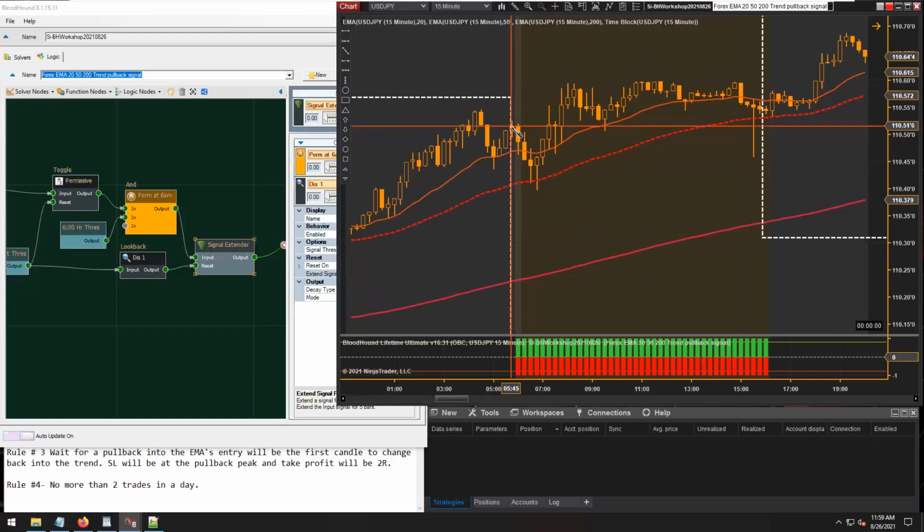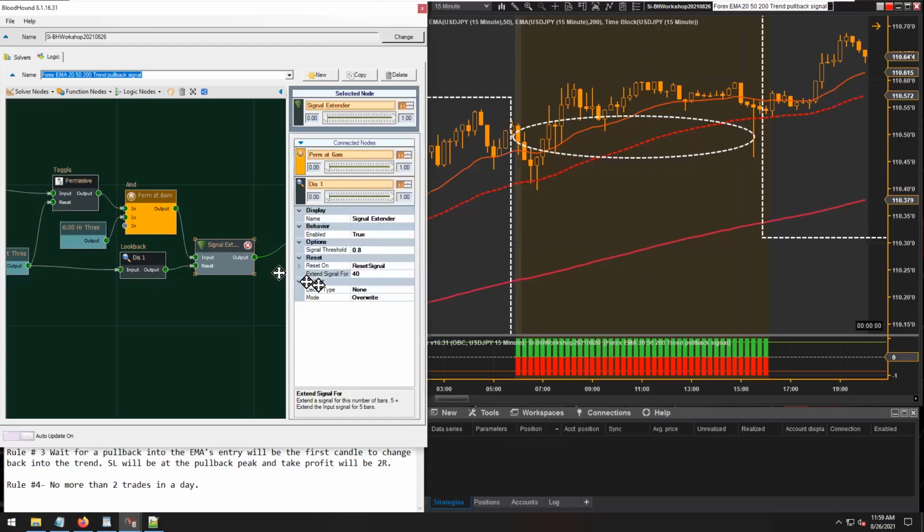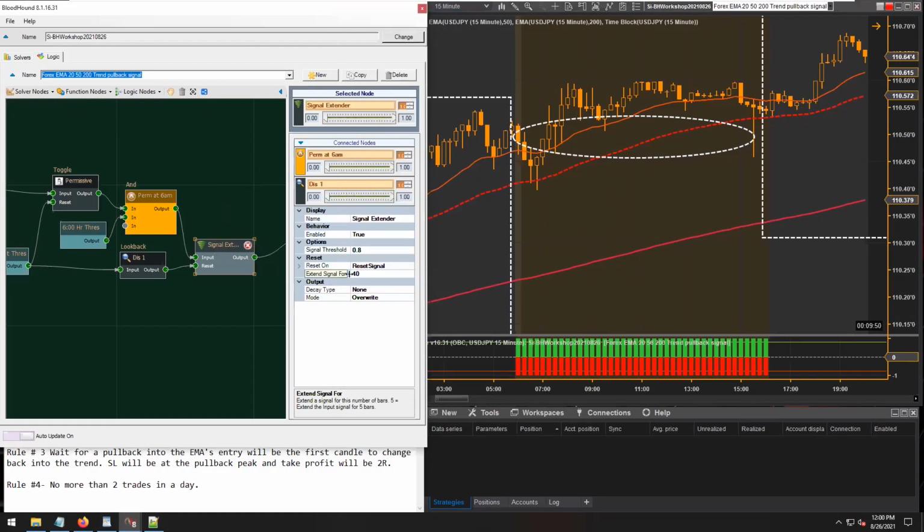The number of bars that we have between these two time periods, between 600 hours and 1600 hours, needs to go into the signal extender. So that extend signals 4 needs to be adjusted for the number of bars in between. If you make any adjustments to the chart's time period, then you also need to make adjustments to the signal extender as well.